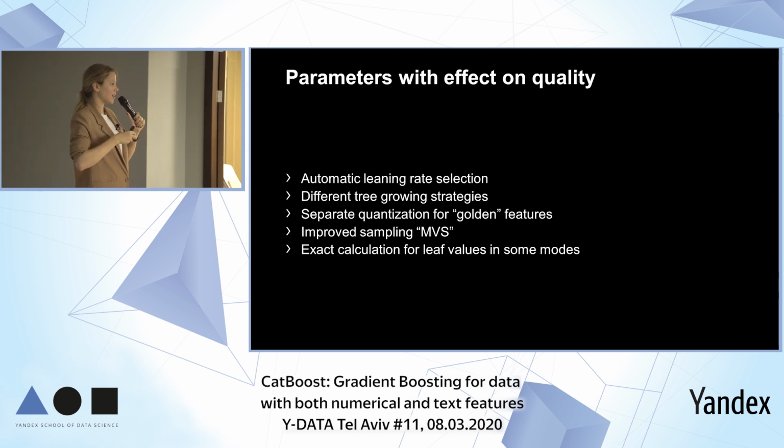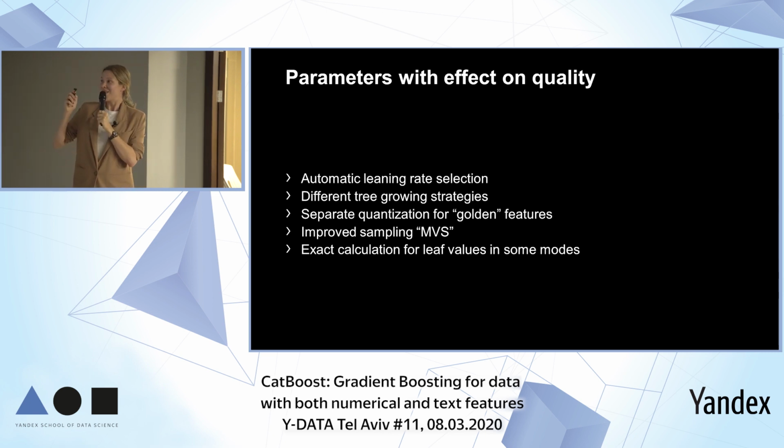By default, you have a quantization of 256 or 128 for all the features. And then you say that for this one particular feature, make me a quantization of 1,000 and something. You should not use it for many features. You should use it for 1 or 2 features, maybe.